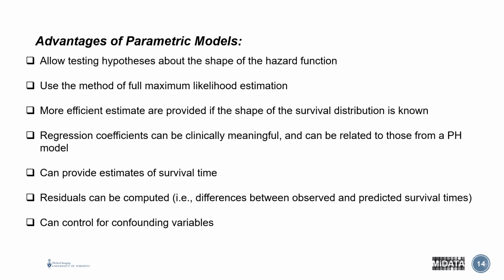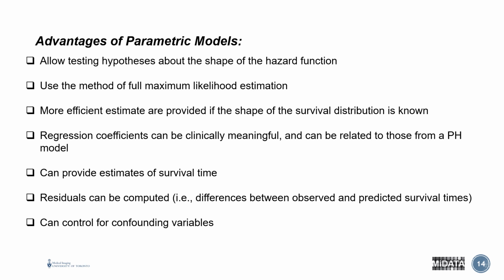And so there is probably the strength of parametric modeling and the disadvantage at the same time: if you choose the wrong distribution, then your model will end up being poor. Other related advantages, of course, is that more efficient estimates will be provided if the shape of the survival distribution is known. So meaning that you a priori know the distribution, and therefore you can perform strong parametric modeling.